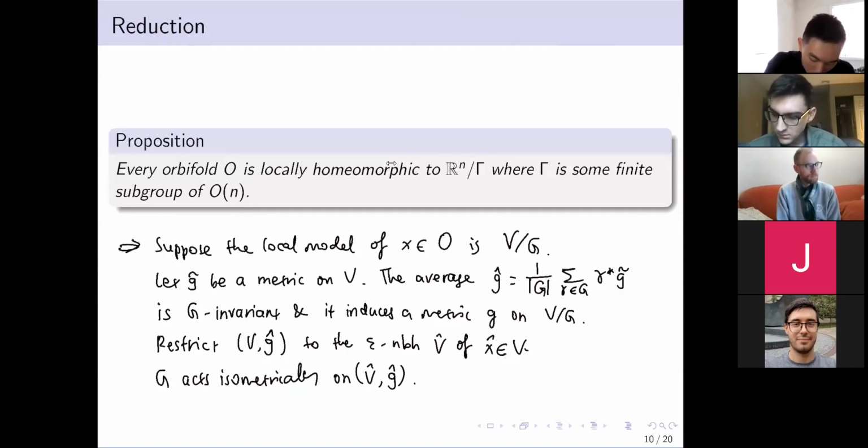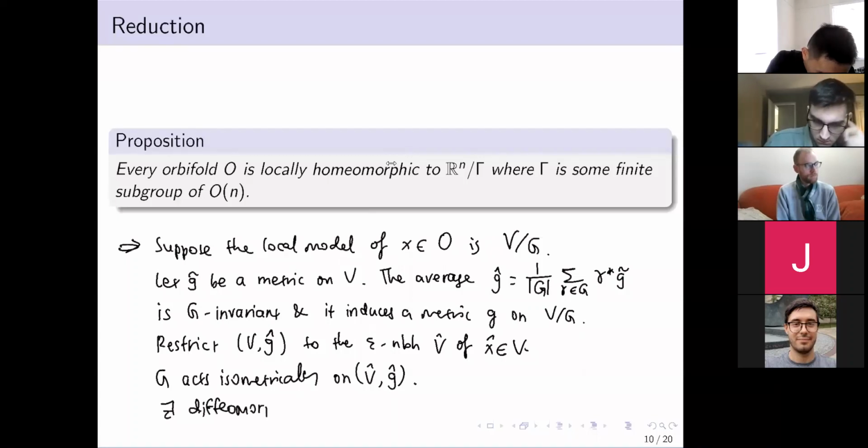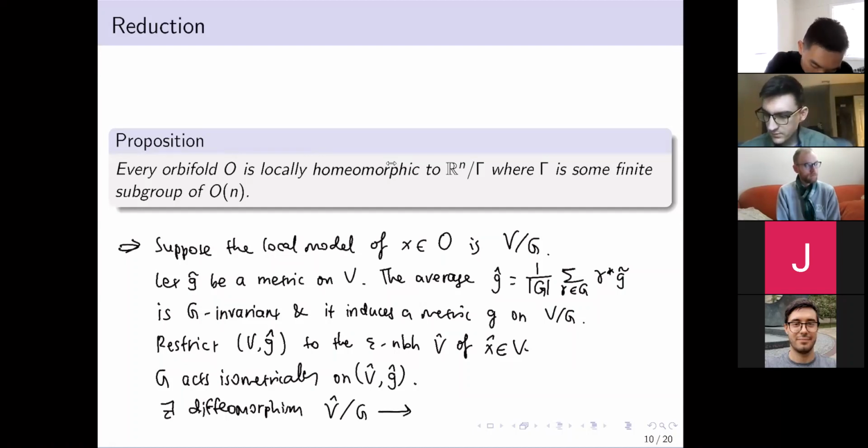Then by the exponential map in Riemannian geometry, if you don't know what this is, it's not a big deal, we have some diffeomorphism from this V hat modulo G to the ball of radius 3, which lies in R^n, modulo some group.